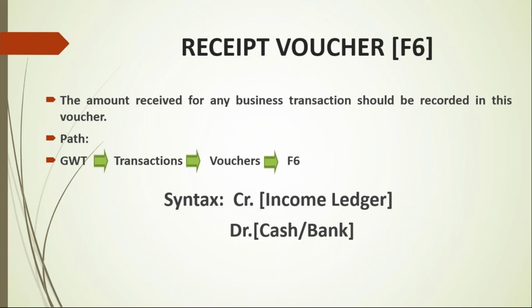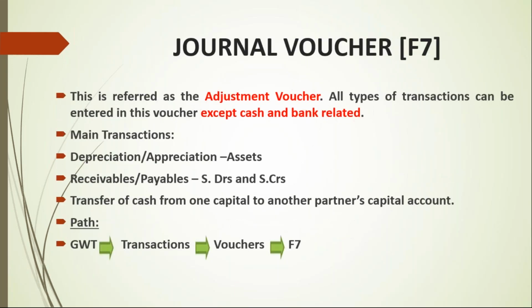Now, when we talk about a journal voucher has entries which are non-cash and non-bank based entries, where there is no cash or bank at all. So such transactions, such entries are passed in the journal voucher. That's why journal voucher is also regarded as the adjustment voucher in Tally.